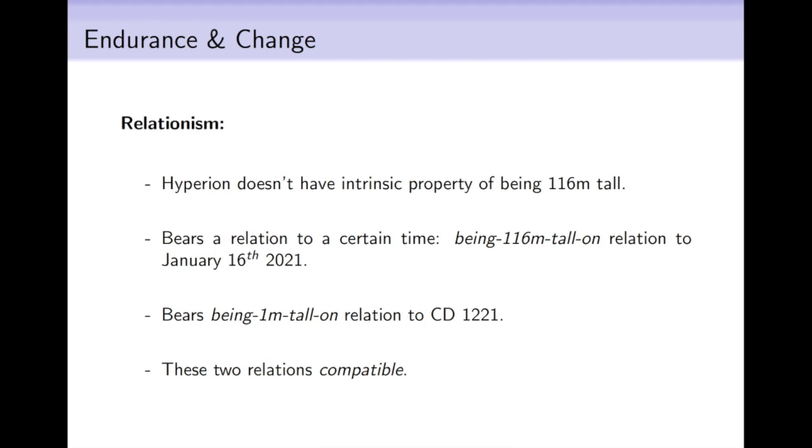So it's not the case that the object has two incompatible intrinsic properties, which would seem to be a genuine contradiction, but rather it just bears different relations to different times, and there's no contradiction there. So the idea is there's no contradiction in supposing it bears the 116 meters tall in relation to today, but the being 1 meter tall in relation to Christmas Day 1221.